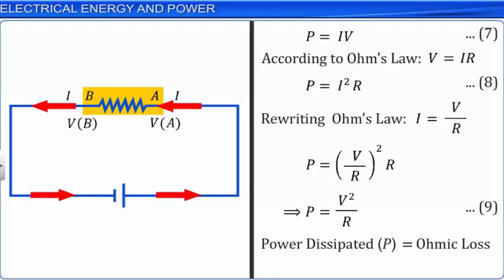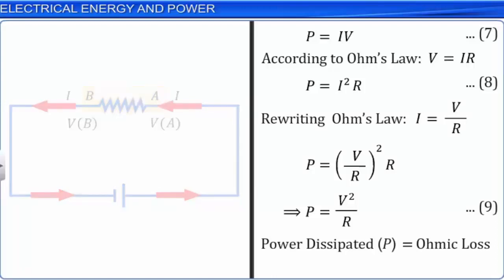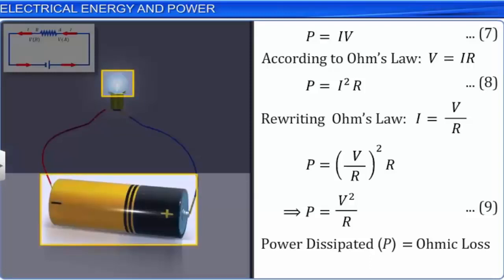This dissipated power P is utilized to heat the filament of an electric bulb to incandescence and radiate heat and light energy. Power is supplied to this resistor by an external source such as an electric cell.